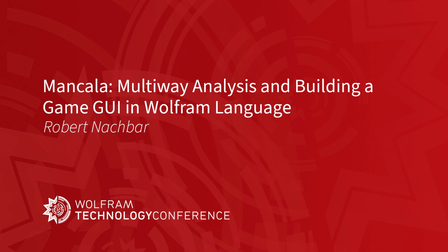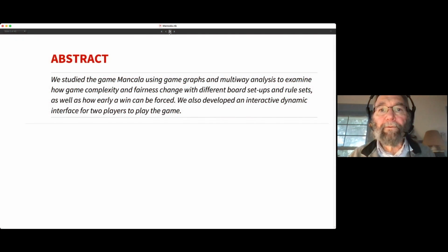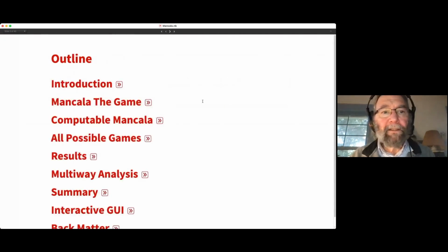So let's begin. You've all read the abstract, so we'll go past that. I'll have an introduction. I'll quickly run through how the game is played so that people can follow along the rest of the presentation without being super lost.